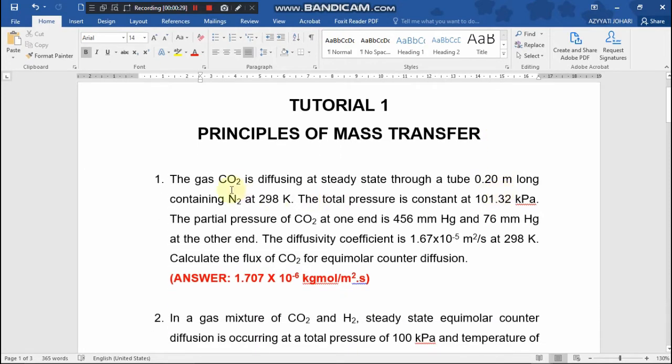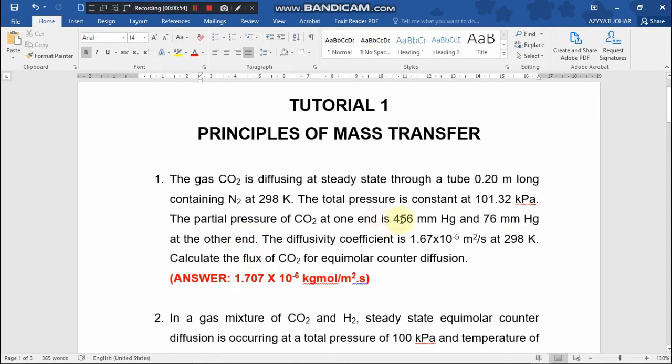The gas of carbon dioxide is diffusing at steady state through a tube 0.2 meter long containing nitrogen gas at 298 K. The total pressure is constant, which is 101.32 kPa, and the question gives you the partial pressure of CO2 at one end as 456 mmHg and 76 mmHg at the other end.